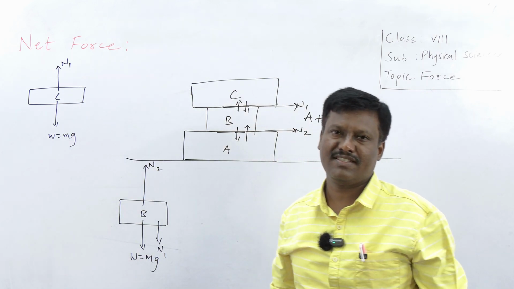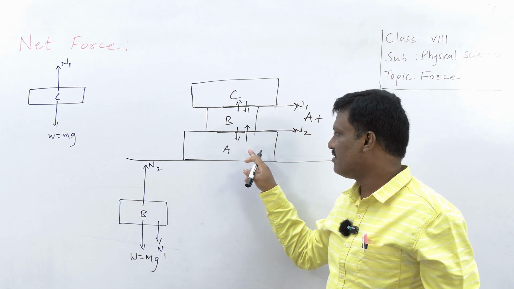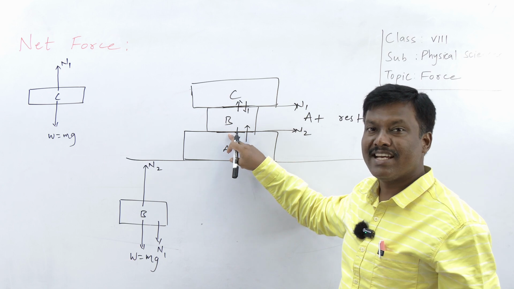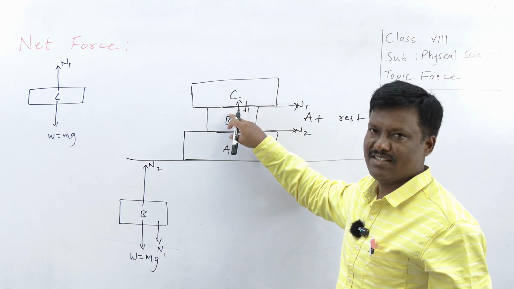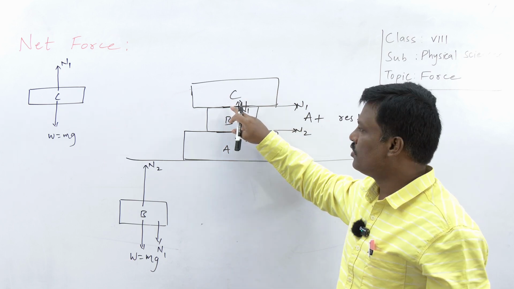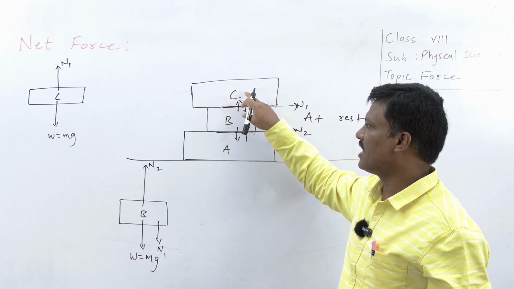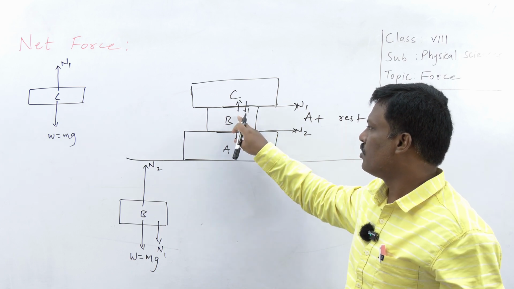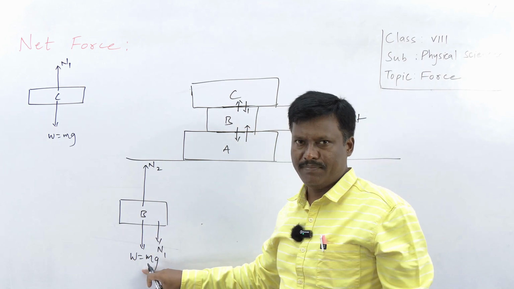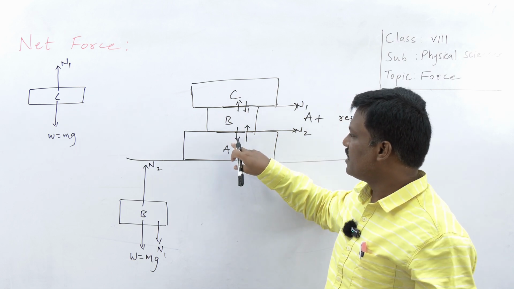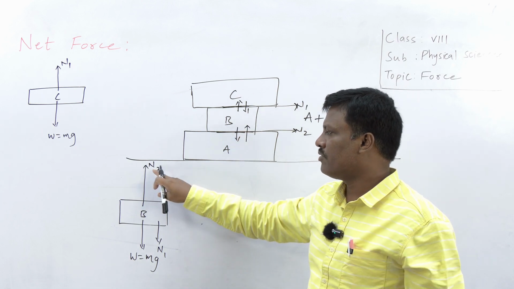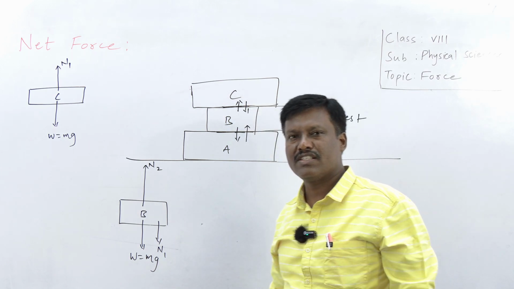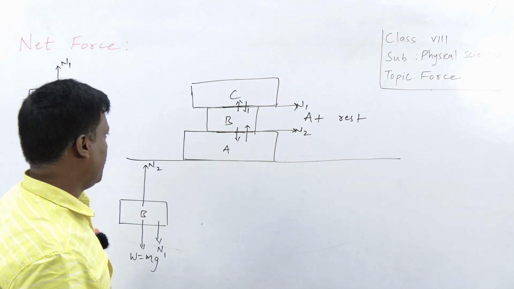But block B is in contact with A as well as C, so two normal forces are exerted due to the two different surfaces of block B in contact with C and A. Let's say the normal forces are N1 and N2. On block B, the gravitational force is common. Block A exerts a normal force on block B in the upward direction, and block C exerts a normal force on block B in the downward direction. So in total, three forces are acting on block B.